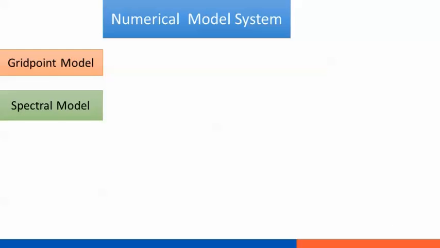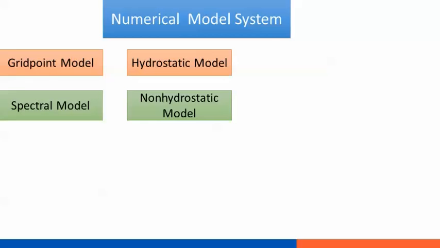The numeric model is so important, so we need to know how the numeric model works. Firstly, we use the term numeric model type to refer to whether a model is grid point or spectral, and hydrostatic or non-hydrostatic.